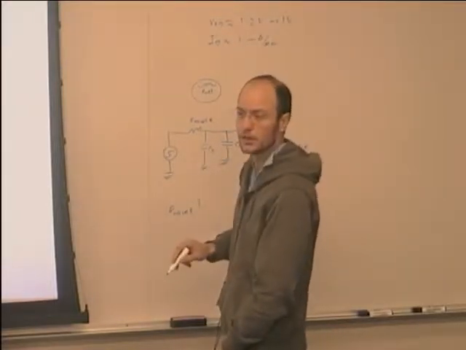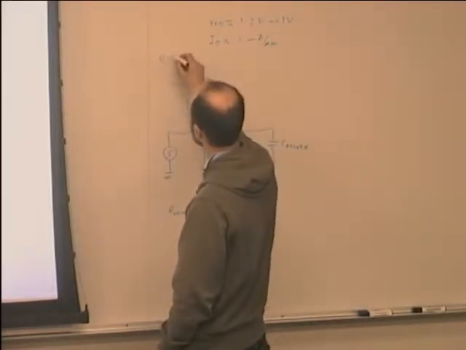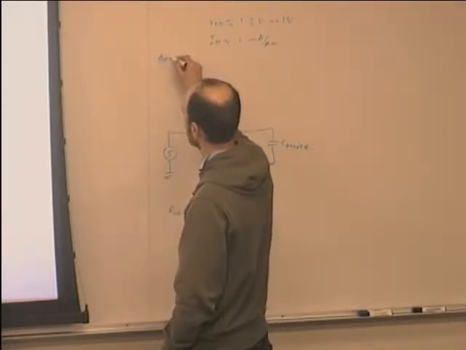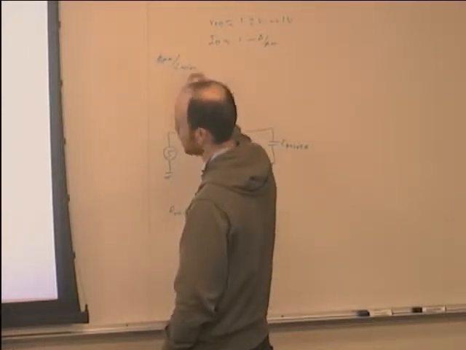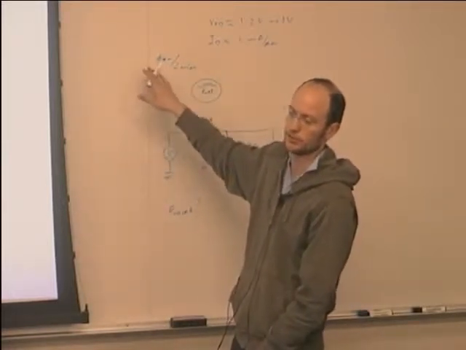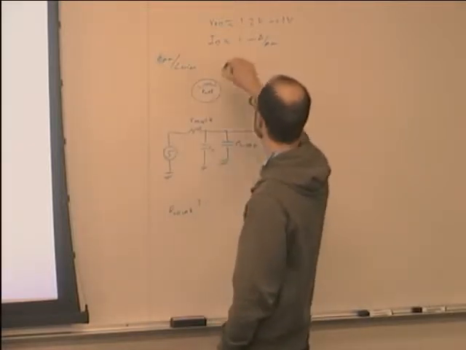So let's say this transistor is, for example, a 1 micron wide transistor over L min, which is a pretty wide transistor, because L min in a modern process would be like 65 nanometers.